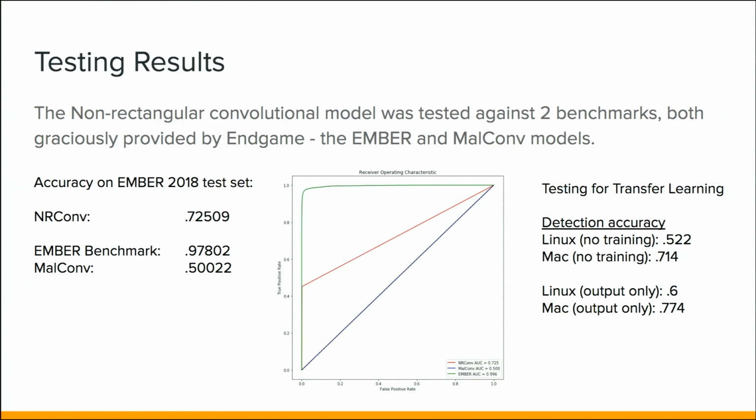Again, not good. But without any additional training, we passed the Mac samples that we collected to the exact same model. No additional training, just said, hey, predict these. And we got pretty close accuracy, really close. A little bit worse on Linux, just pretty terrible.